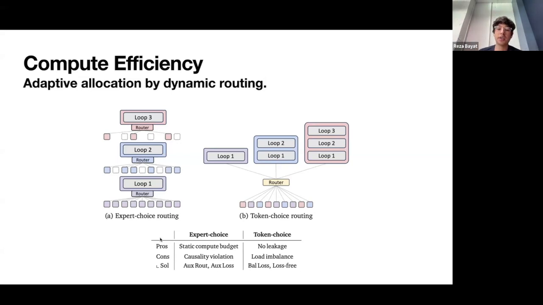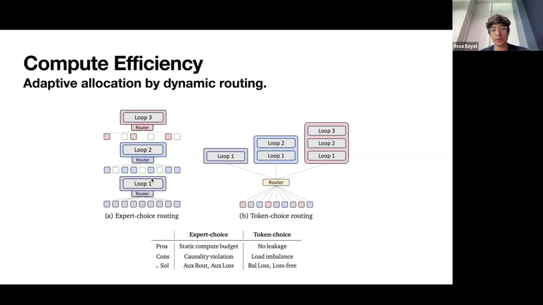We explored two types of routing mechanism. One is called mixture expert choice routing, where at the beginning of every recursion step, we look at the scores of the router for every token and select the top K tokens based on the scores. Then when we go to the next step, again we look at the router scores for all the remaining tokens.